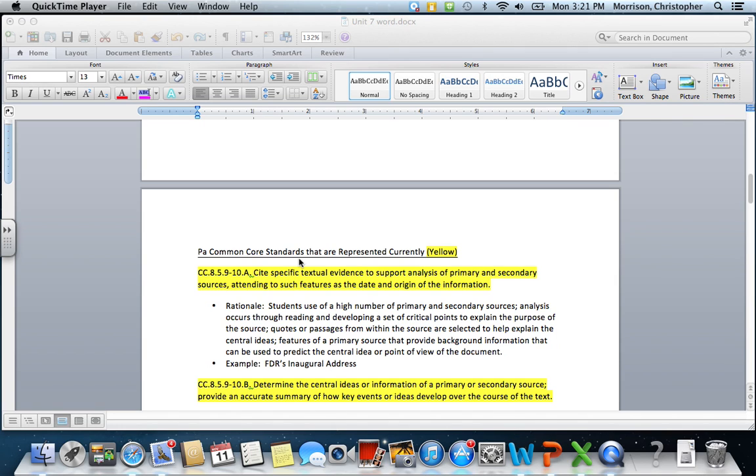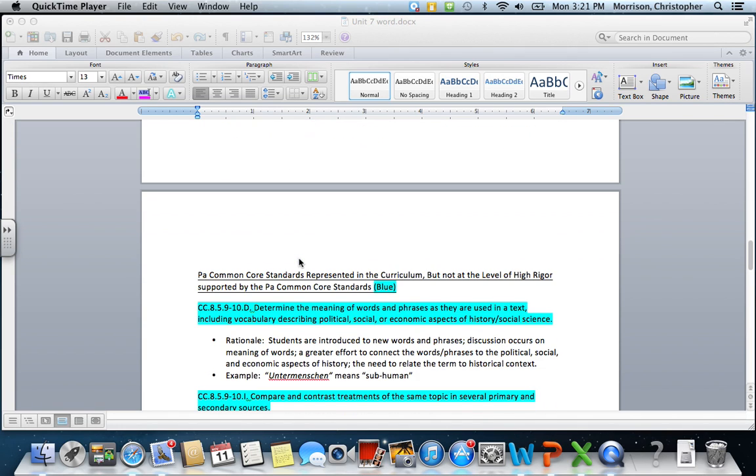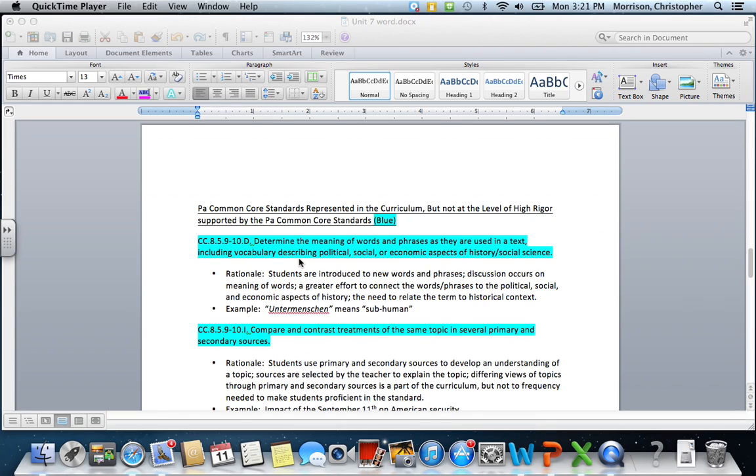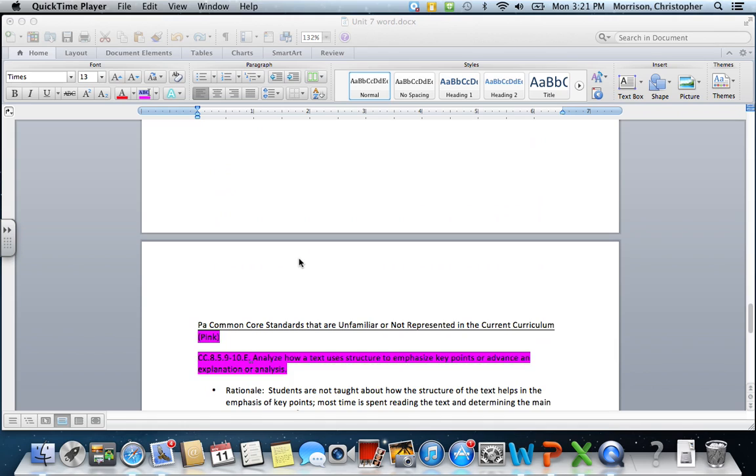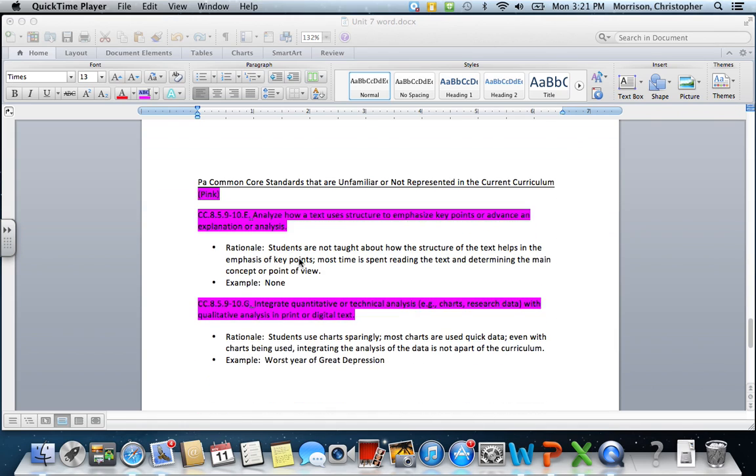And throughout the remaining parts of the assignment, the blue standards are the standards that I believe I cover, but probably not to the level of rigor that is supported by the Common Core standards. And the third section is for the pink standards. These standards are ones that I'm not confident that I fulfill based on the level that the Common Core would support.